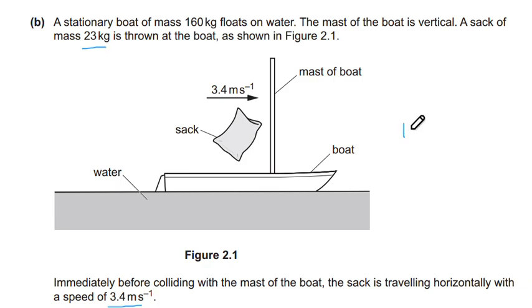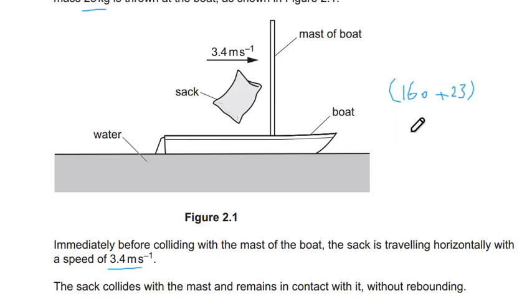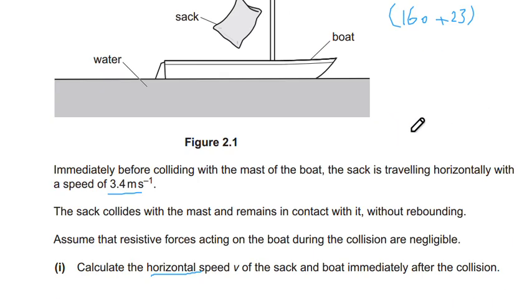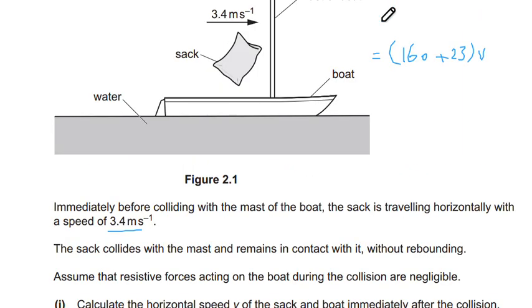So after collision we have 160 plus 23, and it is the velocity after that is required. So we can make this product equal to 23 times 3.4, from which we can get V.